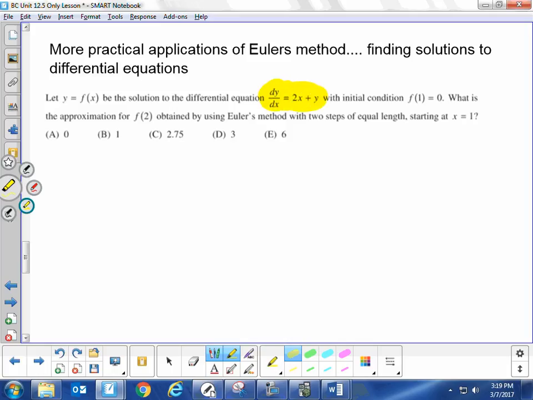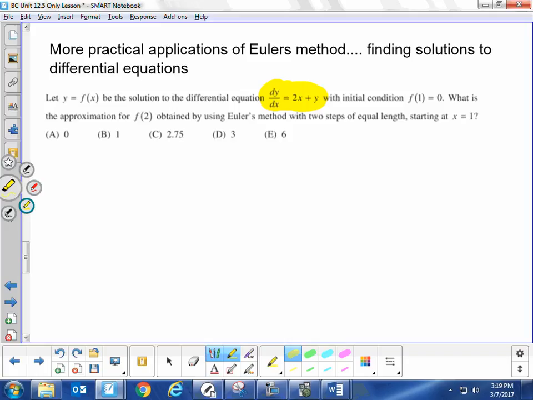We think, oh, you could just separate your variables, subtract the y, multiply by dx. But think about that. If I subtract the y and then multiply by the dx, I'd have dx on both sides. You can't separate variables if we have addition. So we need an alternate method to solve this differential equation.